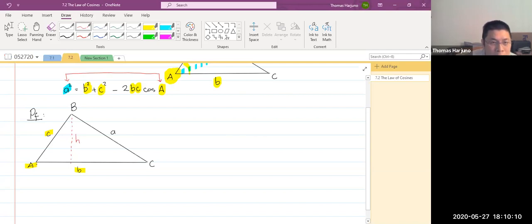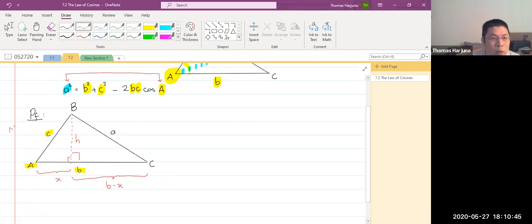If I know angle A and side C, I will be able to find H. I will also be able to find this length here. Let's call this X. Now, using that X, I will be able to find this value here, B minus X. And then I apply the Pythagorean theorem again to find side A. That's the plan for method one.